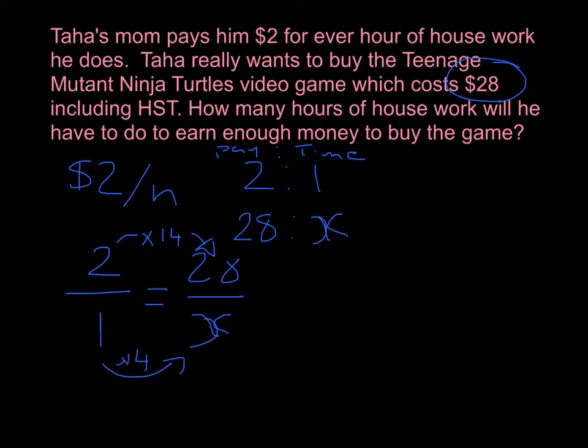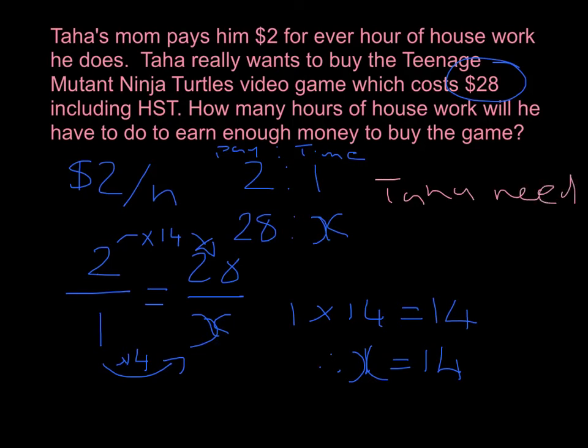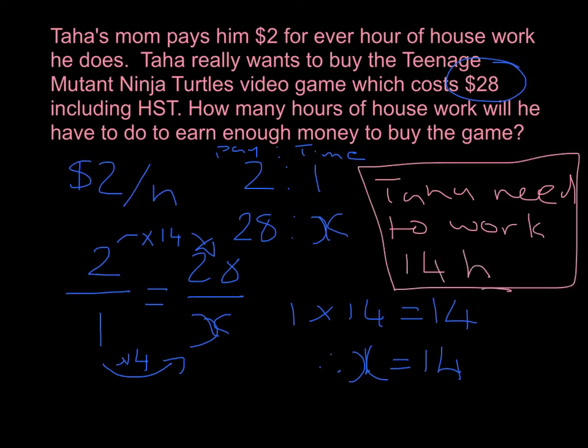And 1 multiplied by 14 equals 14. Therefore, my x value equals 14. So my answer would be that Taha needs to work a total of 14 hours to earn $28 to pay for his video game.